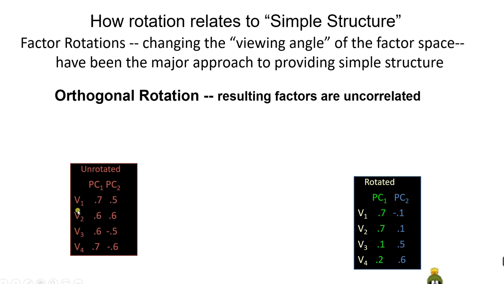Now it is difficult to decide whether variable 1 should be considered on this or this. Harder is variable 2. Both are having equal loading. So whether we should consider variable 2 on principal component 1 or principal component 2. But when we have rotated, now see the picture is clear.